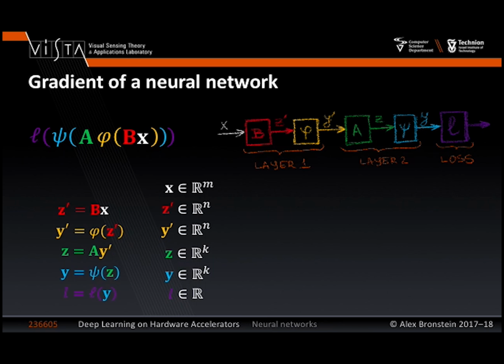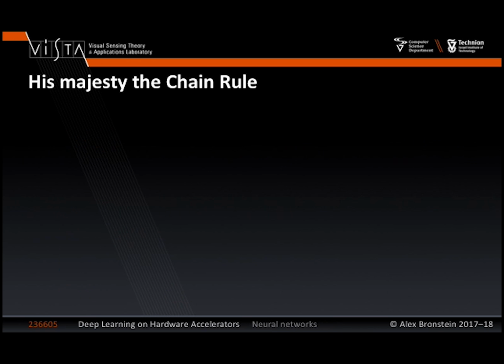Okay? What is the rule that tells us how to differentiate a composition of functions? The chain rule, right? So this is His Majesty the chain rule. So we would like to differentiate the loss with respect to A. Okay, let's start with A. That was the parameter that is the closest to the output, and then we'll differentiate with respect to the other parameter B. Okay.